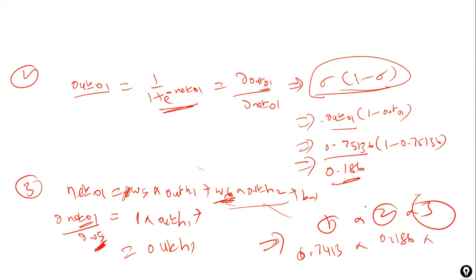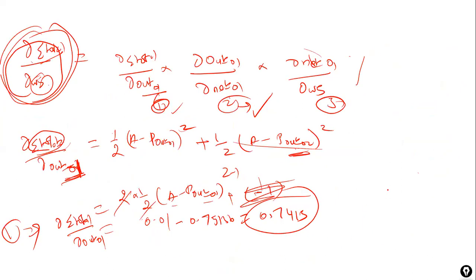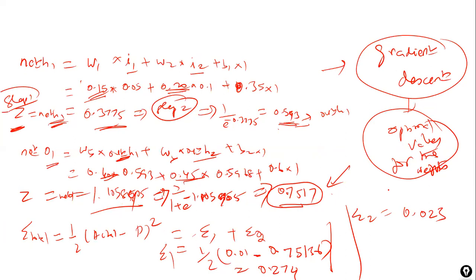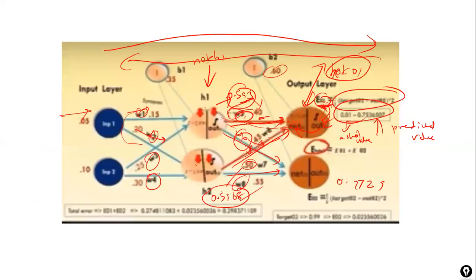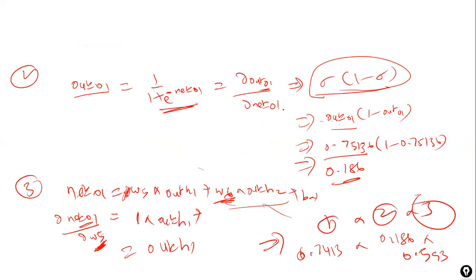And out H1 is nothing but the output of out H1, this one, 0.593, right? See, out H1 is not this one, sorry. Out H1 is this one. If you multiply these three values, whatever value you get is the new weight for W5.